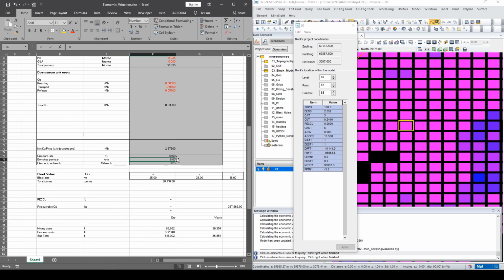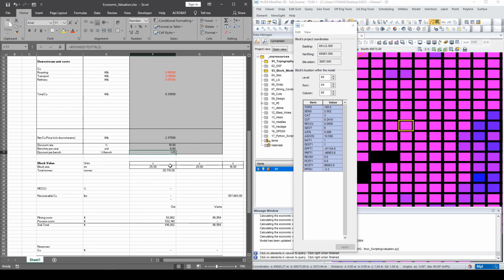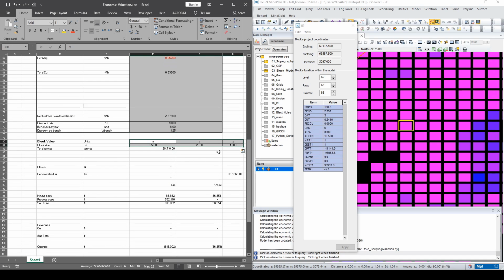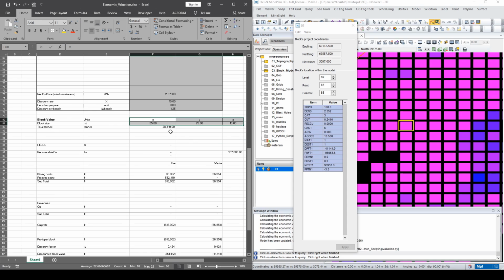We suppose that we are going to have a sinking rate of 8 benches per year. So that means that we're going to have a 1.25 discount factor. Here we have the block size, which is 25 by 25 by 18.